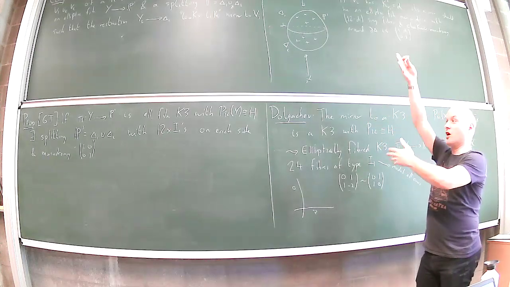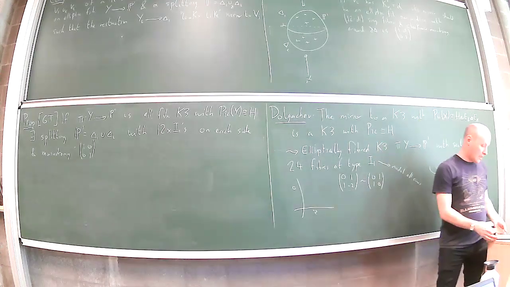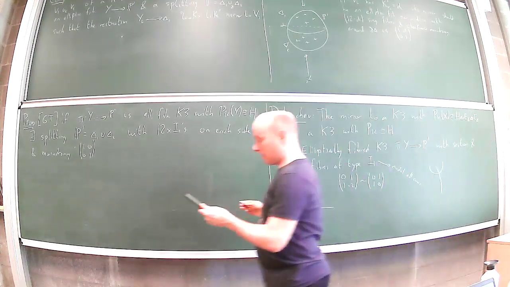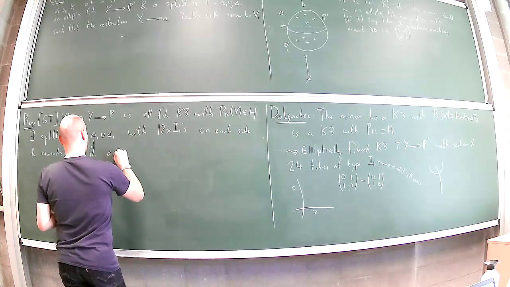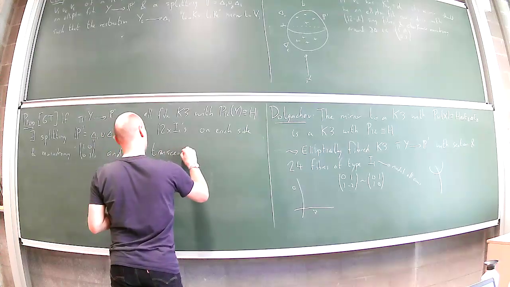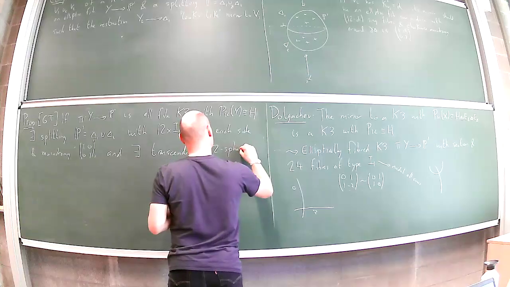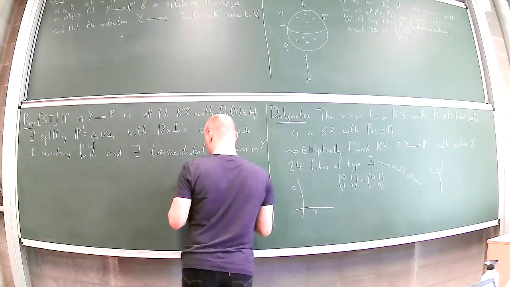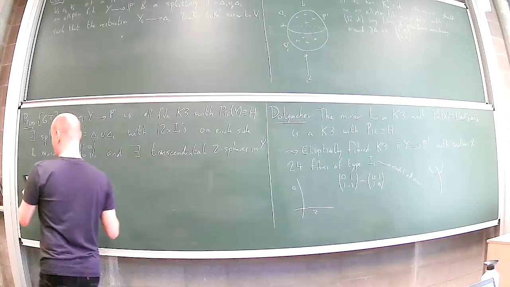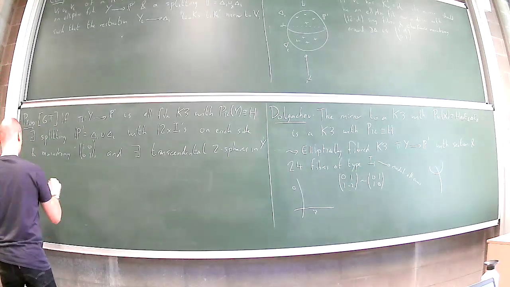It took this diagram of 19 curves and cut it in half, into two pieces. So, moreover, there exists a set of transcendental, so non-algebraic, two-spheres in Y, which look as follows. How do I want to draw this? Do I have enough space here?